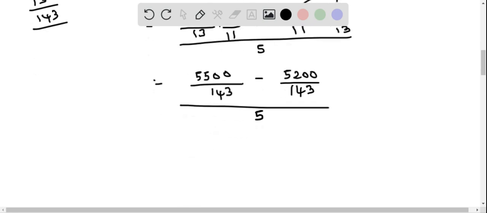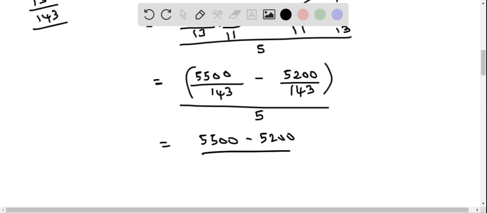Now we have the common denominator in the numerator fractions, so we can simplify that. So this becomes 5500 minus 5200, over 143, and this is once again divided by 5.